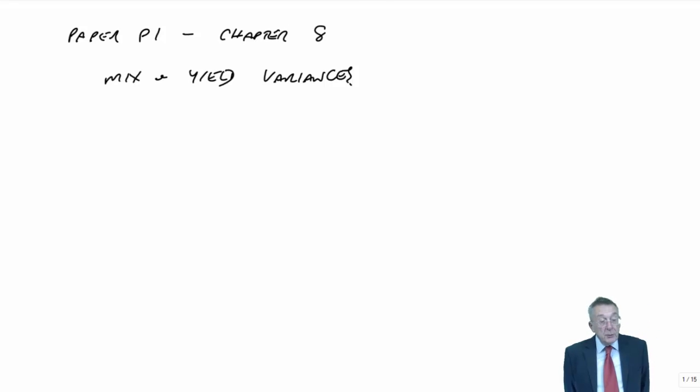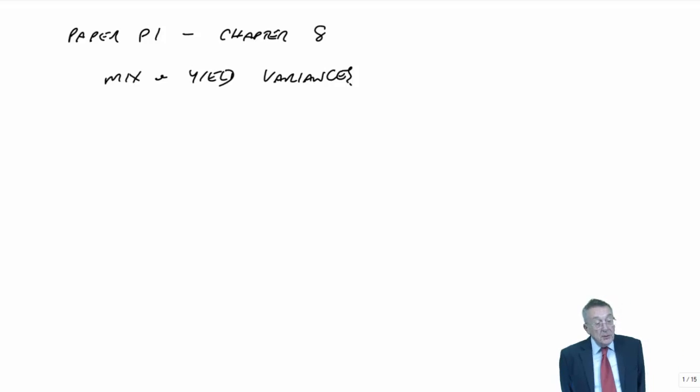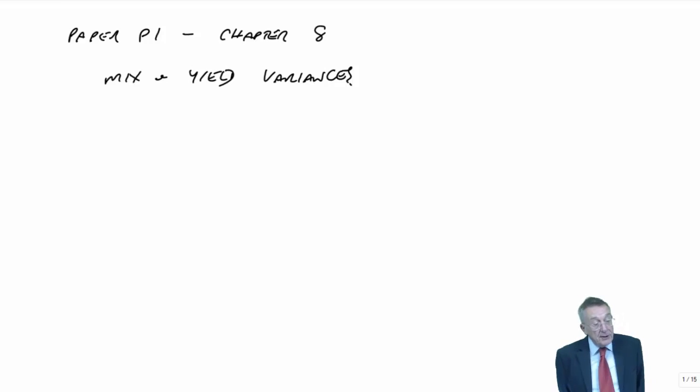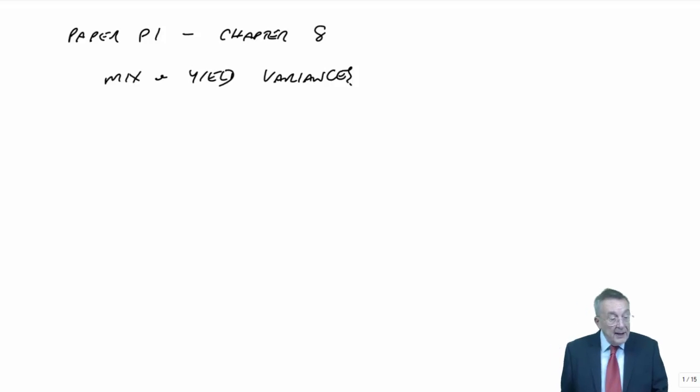The actual production during the period was 5,000 units, and the materials we actually used were 9,900 of X and 5,300 of Y, and that's what we spent. Well, let's go step by step. In the exam, clearly only do whatever's asked for. We're going to do everything here.